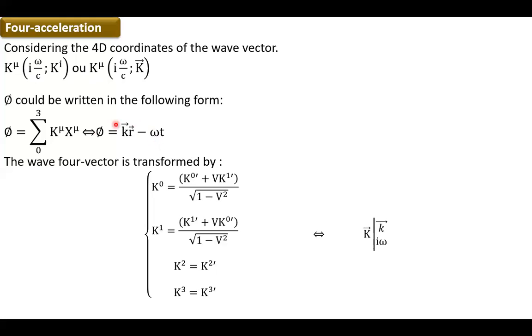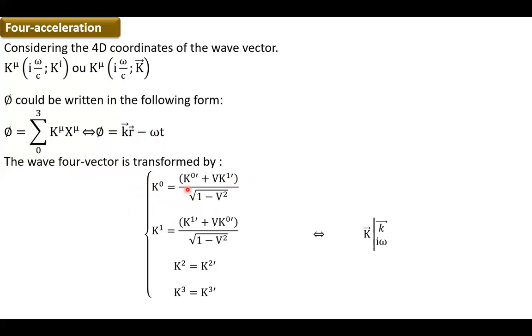So this 4-wave vector is a 4-vector. And for a 4-vector, each one of the coordinates has a Lorentz transformation. So you can write your 4-wave vector in terms of a Lorentz transformation.